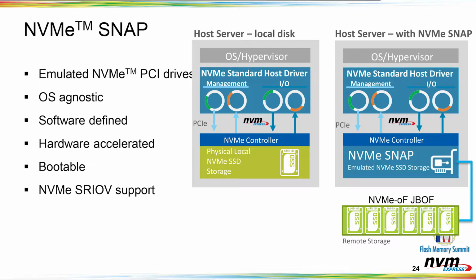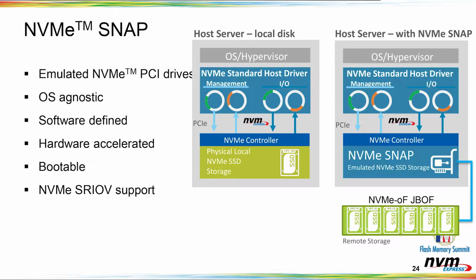So what is it doing behind the scenes? On the left, you've got the standard local disk drive that is not over-provisioned. It's not utilized correctly. And on the right, you've got Snap replacing the local storage, meaning the host is left with no physical storage at all.